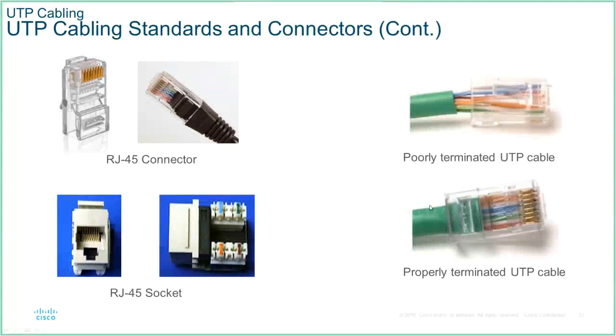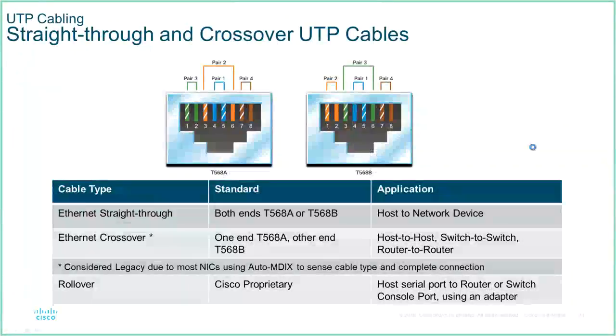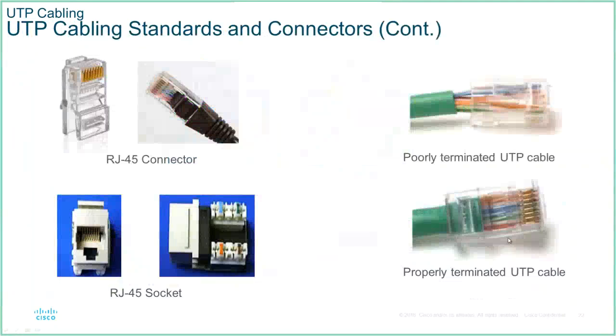So in the bottom example here, you'll see that the outer sheath is actually inside the connector, and when you clamp it together, this little area here of the plastic gets pushed down and squishes the actual cable together in the plug, and you only have enough individual wires exposed to get separation in the actual plug itself.